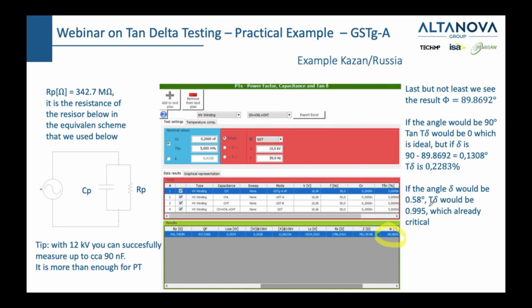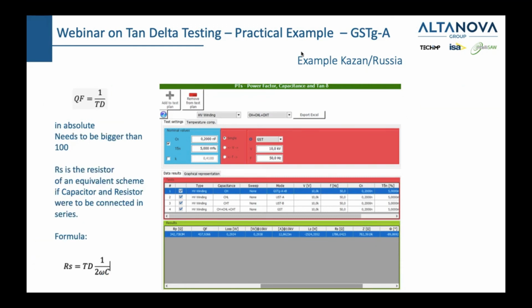Or if we talk about Hans Brinker and the story about the dike, how small the leak can be to destroy the whole dike. And just to close the whole story, to explain what the QF or quality factor is: QF is nothing but the reciprocal value of tan delta in absolute terms, so not multiplied by 100, and this number needs to be bigger than 100.